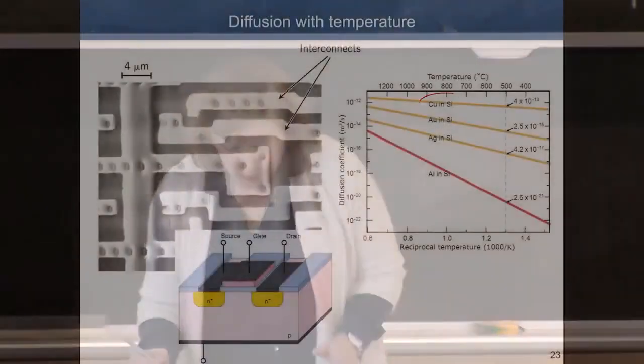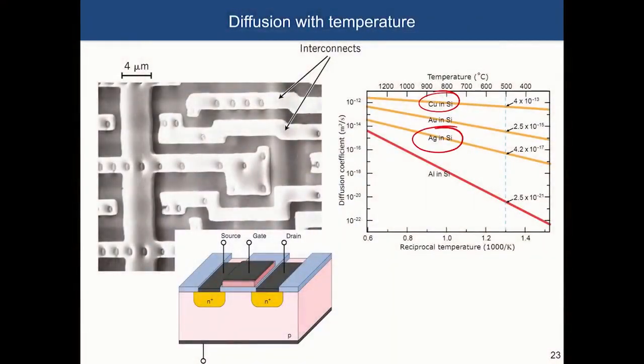As it turns out, for example, copper and silver would be your materials of choice. But in this particular case, you can see that copper and silver have very high diffusion coefficients in silicon. What that means is that when you deposit them and, for example, increase the temperature, your transistor works in your computer, you're increasing the temperature, it's very likely that these metals would simply diffuse inside of the material.